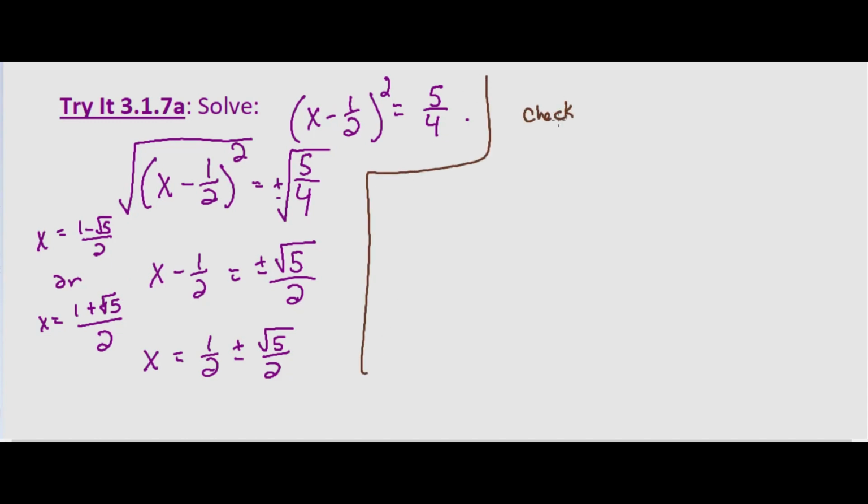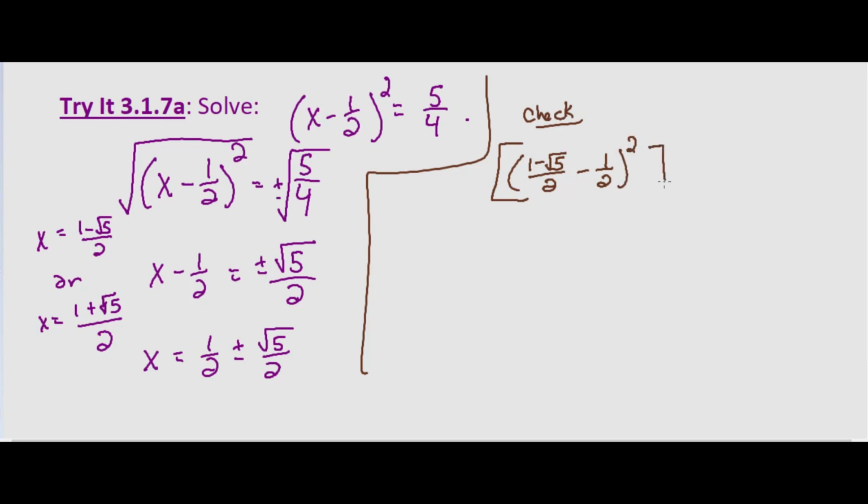Substitute into the original equation. I'm going to use brackets because we have a fairly large solution if we're not taking a decimal approximation. So 1 minus the square root of 5 over 2. So let's write that first. (1 minus the square root of 5 over 2 minus 1/2) squared.